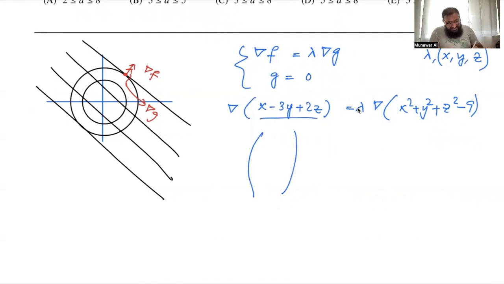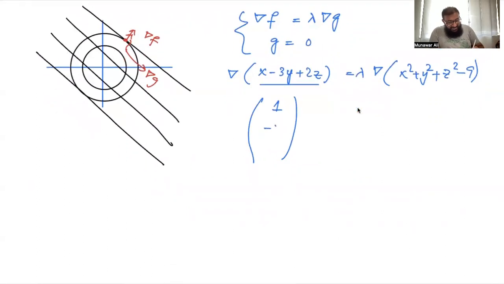If I differentiate with respect to x, I'll get simply 1, because the derivative of x is 1, and the derivative of the rest of the terms is 0 because they don't involve x and are considered constants. The derivative with respect to y is minus 3, with respect to z is plus 2, equals lambda times the gradient of g: 2x with respect to x, 2y with respect to y, 2z with respect to z.